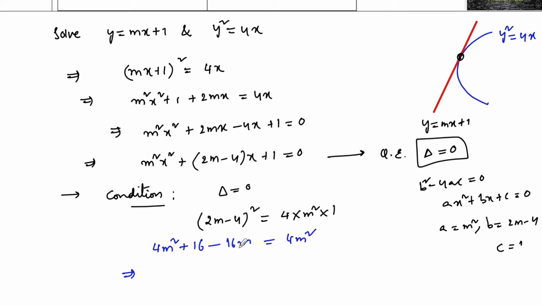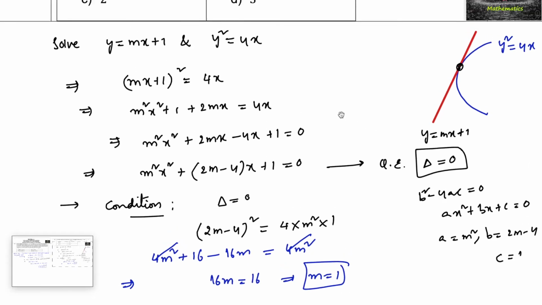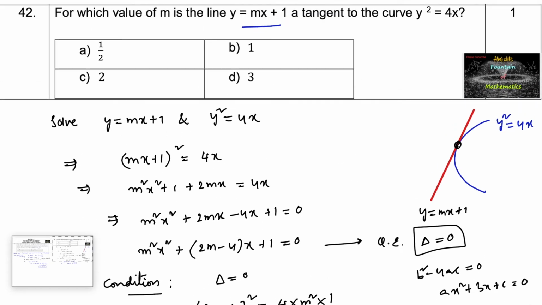So we can cancel this 4m square on both the sides with the same sign. So 16m is equal to 16, or we can write m is equal to 1. So we can say that for the line to become a tangent for the curve y square is equal to 4x, the value of m can be taken as 1. So second option is the answer.